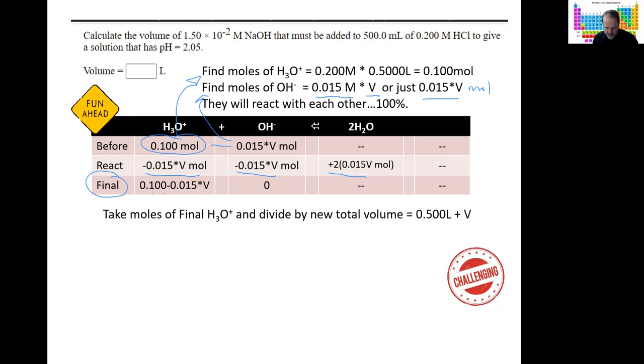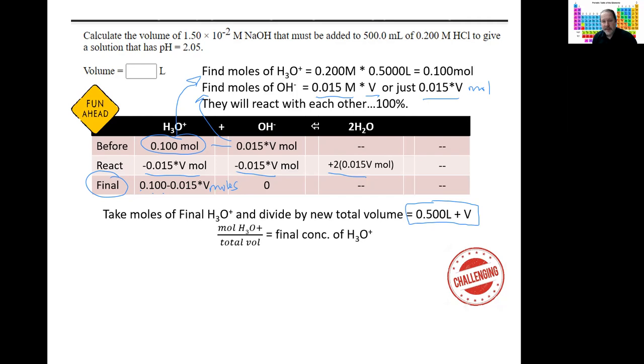Well, that's what the pH at the end is for. If I take the moles that I have left over, I can figure out the final concentration by dividing by the total volume. That has changed now from the original. It's going to be a half liter plus V, where V is the volume of sodium hydroxide that I added in.